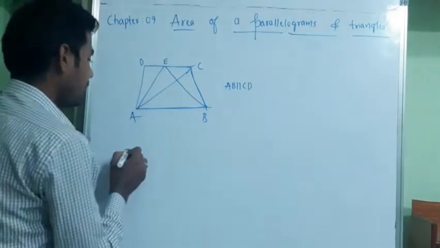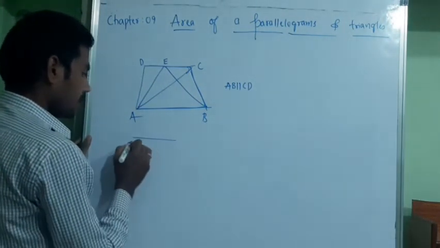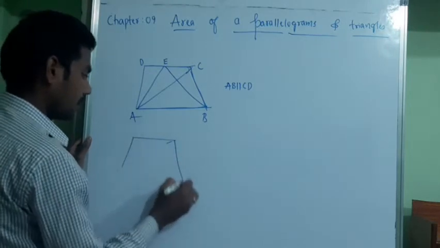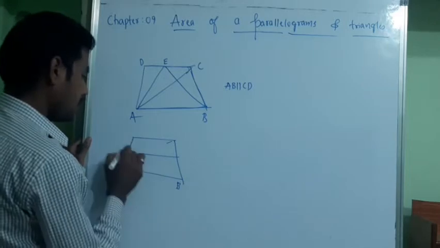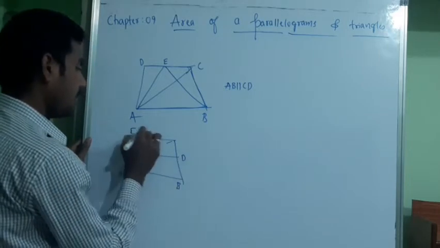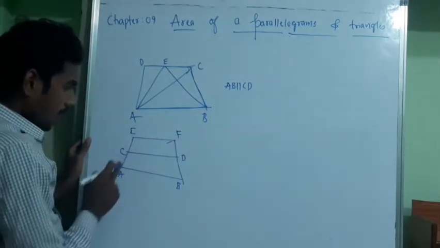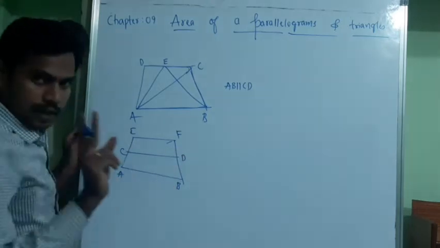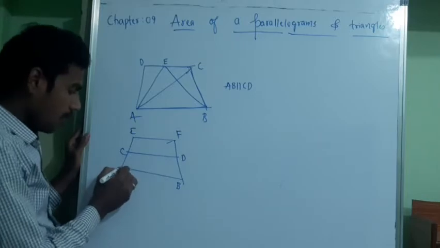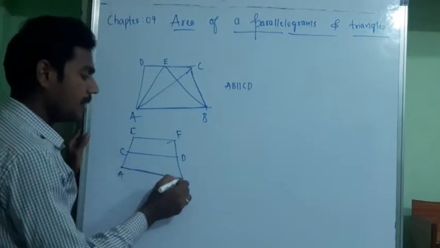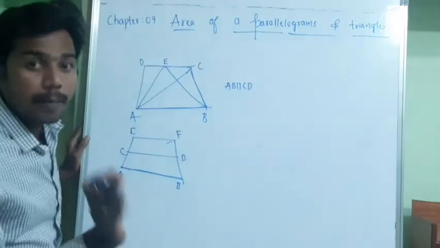So what if, sir, see, A, B, C, D, E, F. So A, E, F, B is one quadrilateral. A, C, D, B is one quadrilateral. So one of the conditions is satisfied. The first condition is that they should have a common base.